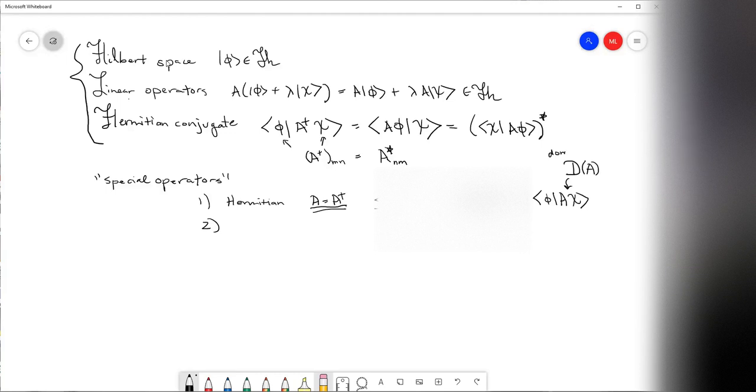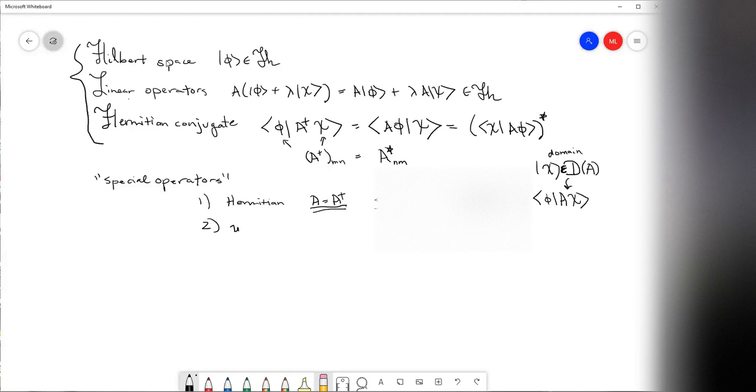It's a domain. So there's some set of vectors on which A is properly defined. And that'll come up when we're talking about infinite dimensional things. But I mention that now just so that later on, when I introduce it, you'll remember, oh yeah, we saw that at some point, or we mentioned it.